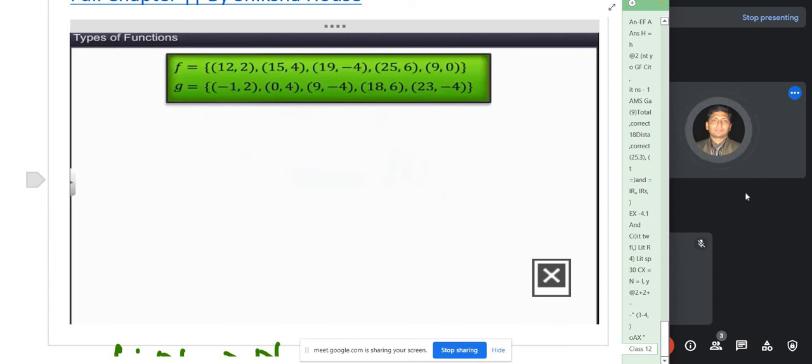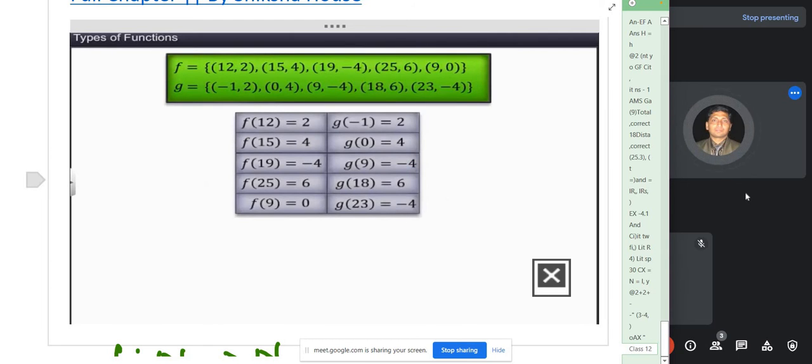Look at functions f and g. To check the functions for injectivity, we consider any two different values in the domain of function f and check that their corresponding outputs are different. In the first case, different elements have different images.